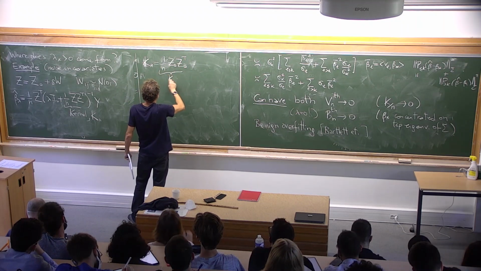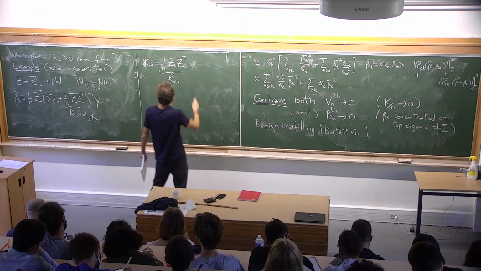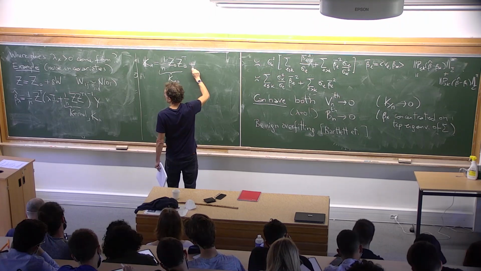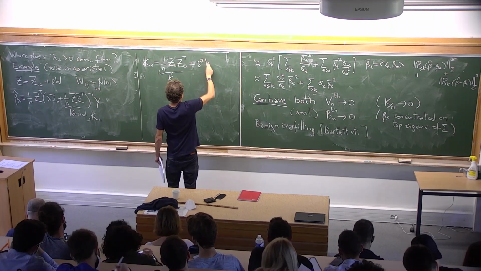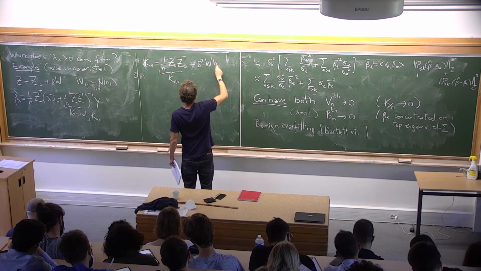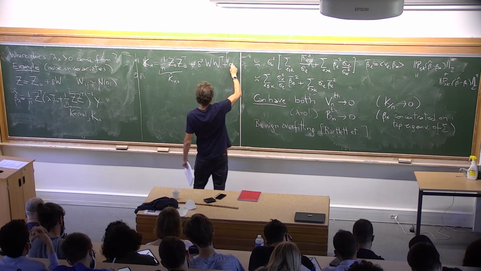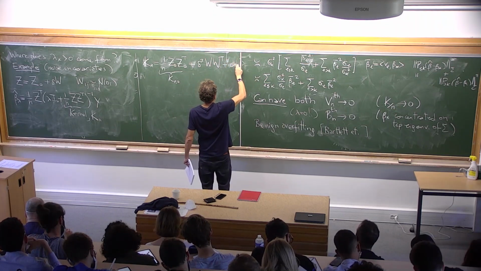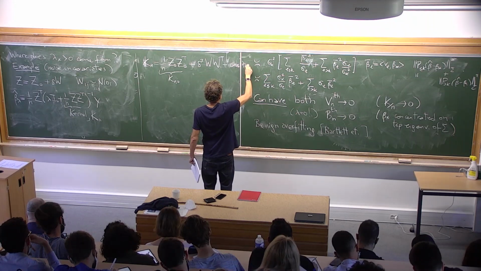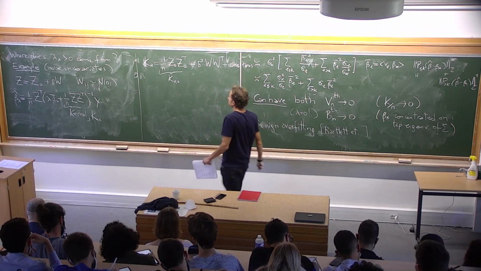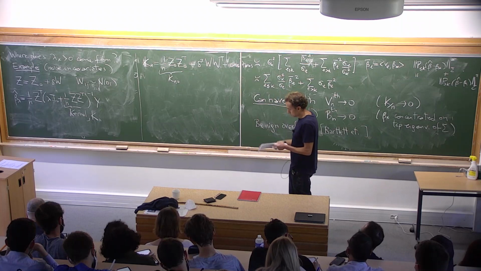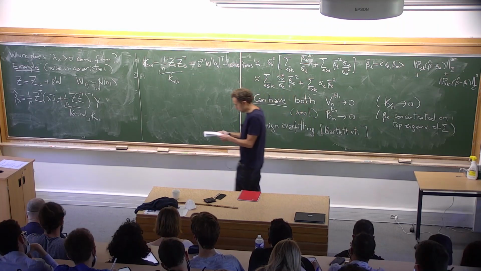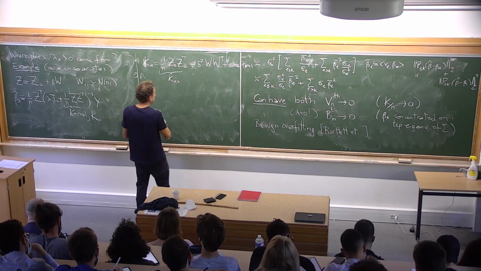This is the kernel matrix of Z0. And then there is delta square times W W transpose plus cross terms. Let's ignore, for the sake of the argument, the cross terms.